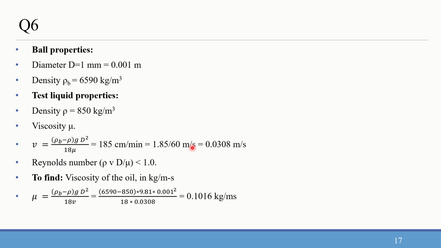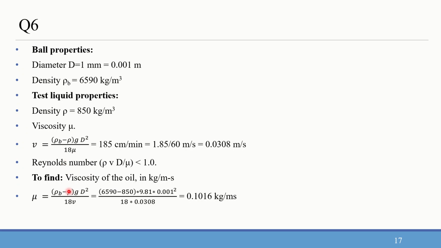The formula for viscosity of the oil is mu equal to (rho b minus rho) into g into d square divided by 18 into v. So we just took mu to the other side and v to this side. We haven't changed anything else. So that is the formula for mu.